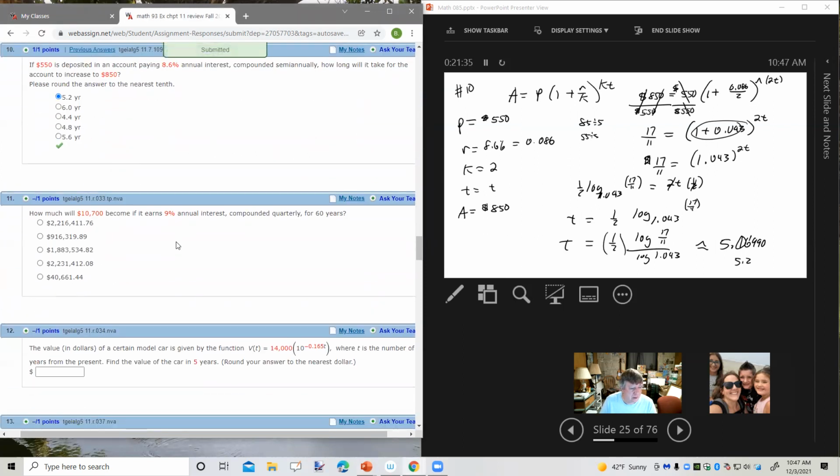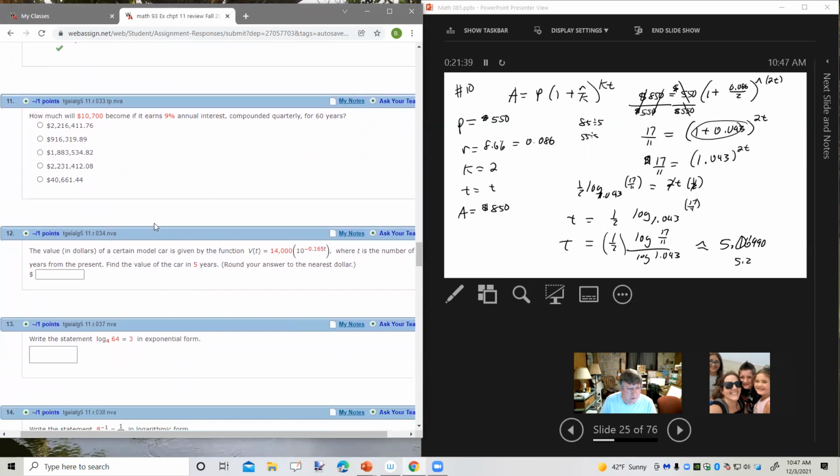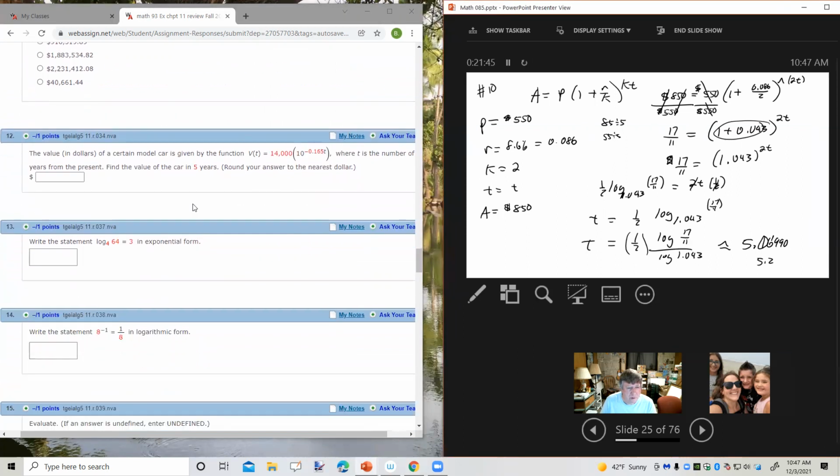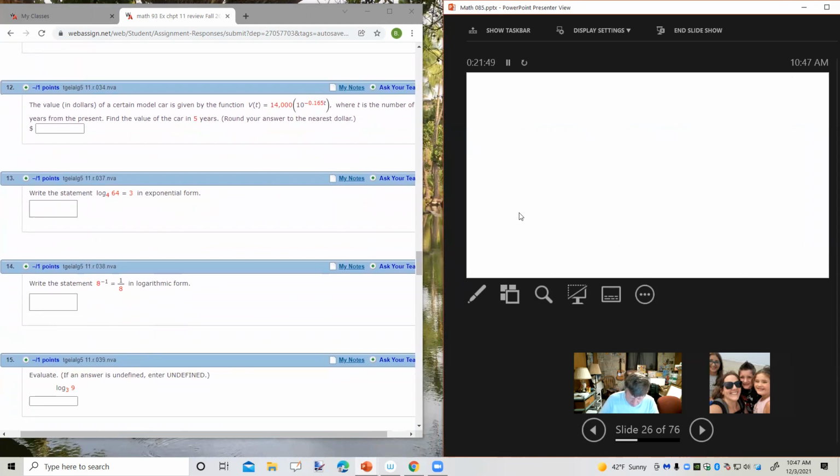Okay, let's see. This is similar. So number 12. The value in dollars of a certain model car is given by the function where t is the number of years from the present. Find the value of the car in 5 years.